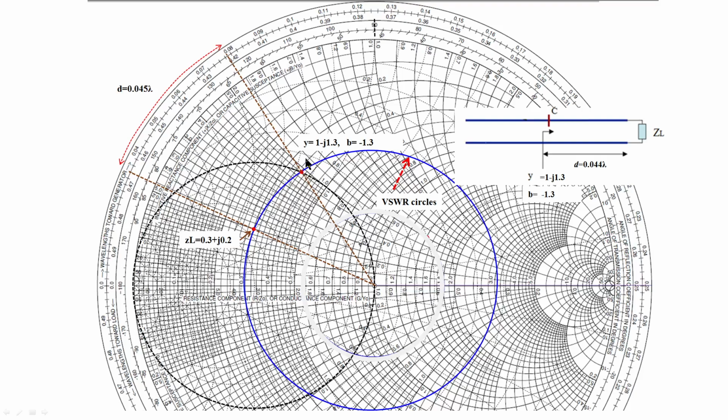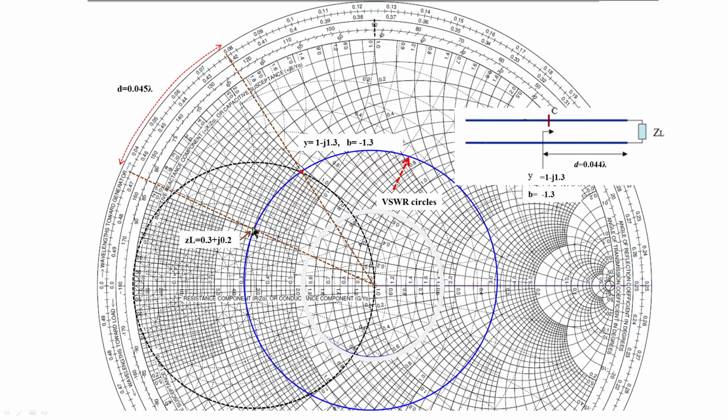And the values here are negative, so susceptance value is minus 1.3. So this is the 1 point.